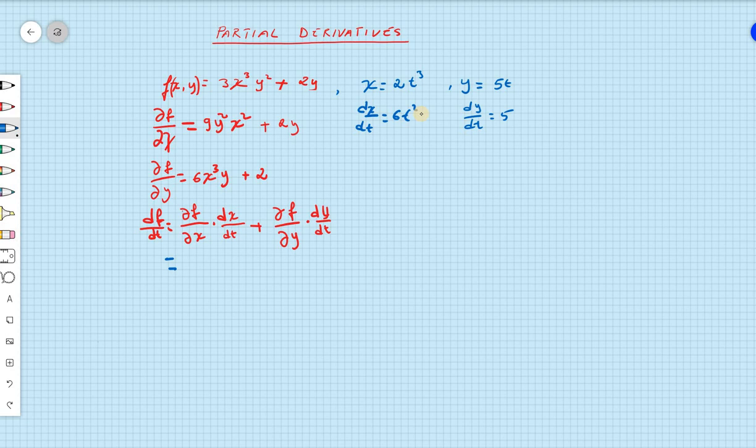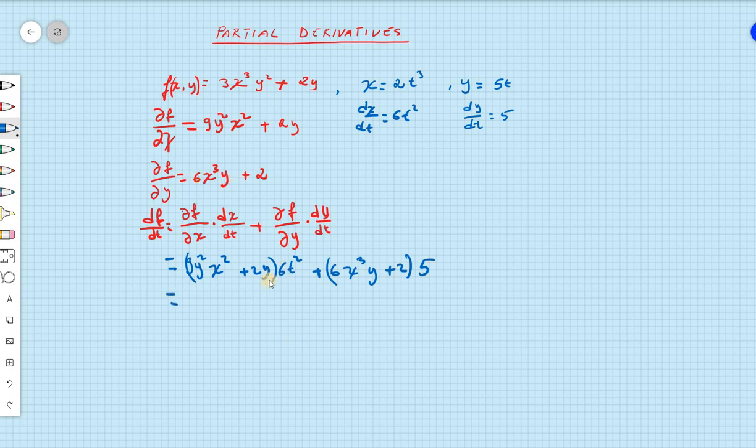So we'll have partial df dx is 9y squared x squared plus 2y, that times actual dx dt, which is 6t squared. So we'll have 6t squared plus partial df dy is 6x cubed y plus 2, that times 5, and go ahead and solve for that.